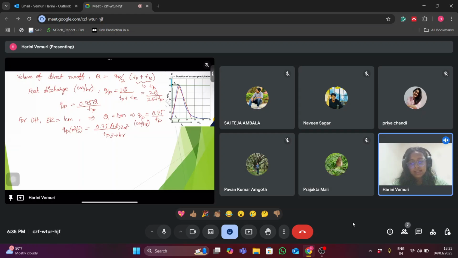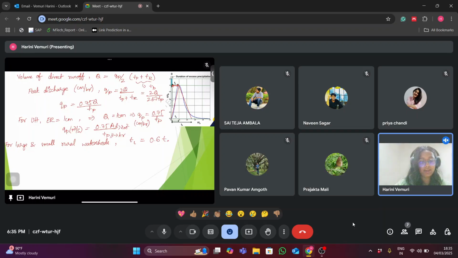Also, the SCS has recommended that for large and small rural watersheds, the basin lag, that is the time lag, is equal to 0.6 times the TC.